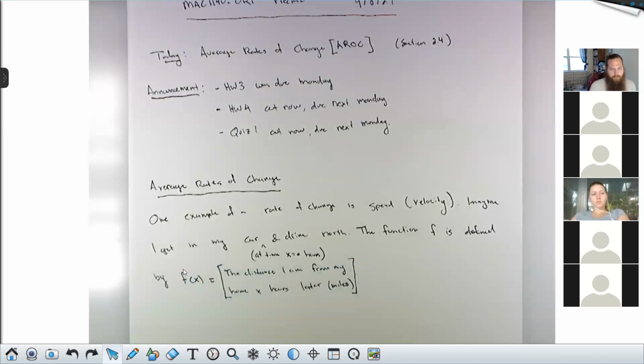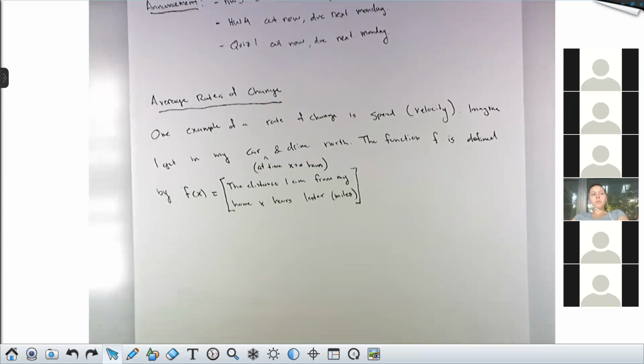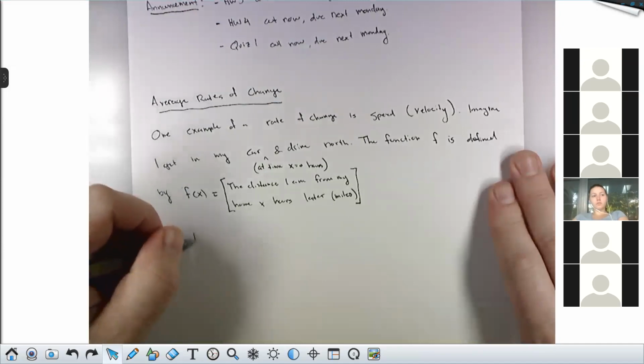I'm going to go ahead and draw a graph for this function. We're going to go on a trip together here, and then we're going to talk about some speeds. All right, so here is one hypothetical graph.